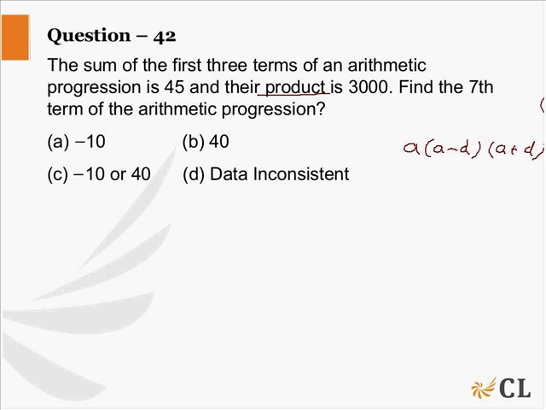A is 15. You can use the formula A minus D into A plus D, which is A square minus D square. It's nothing but 225 minus D square is 3000. Gives you D square as 25 and D is nothing but plus minus 5.